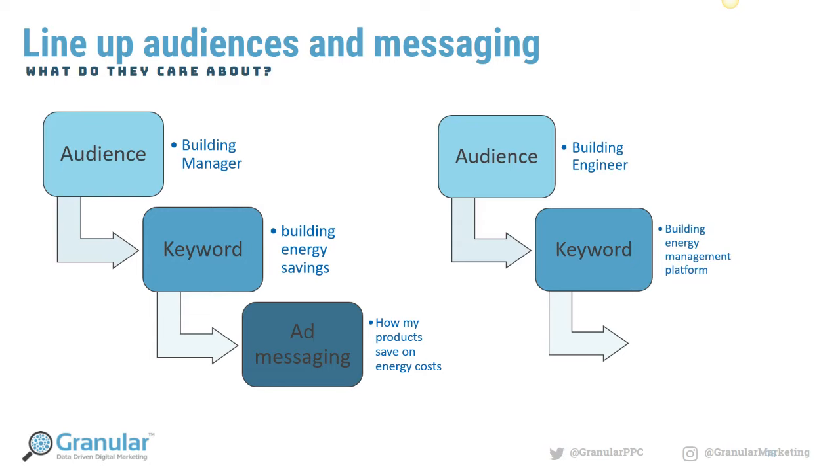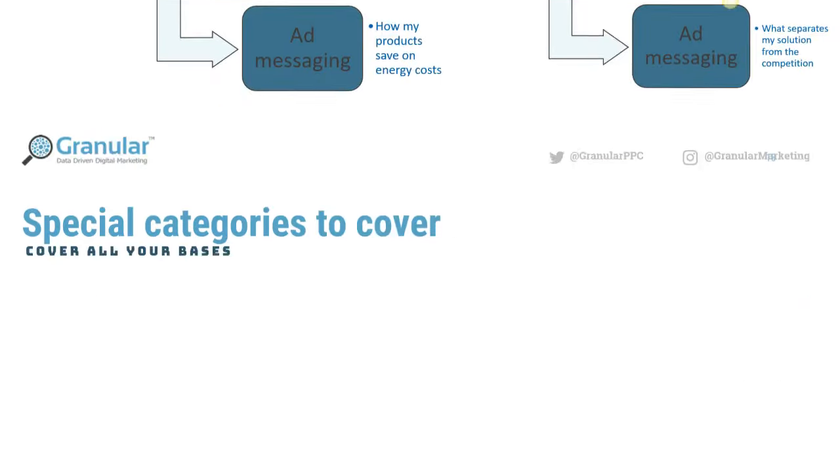They've figured out they need one of these building energy management platforms, that they exist, and that they can integrate them. So they already know the answer to the question, how do I save? They just need an answer to, what separates your solution from the competition? Who should I go with? What platform should I use? And so your ad messaging is going to focus on that.